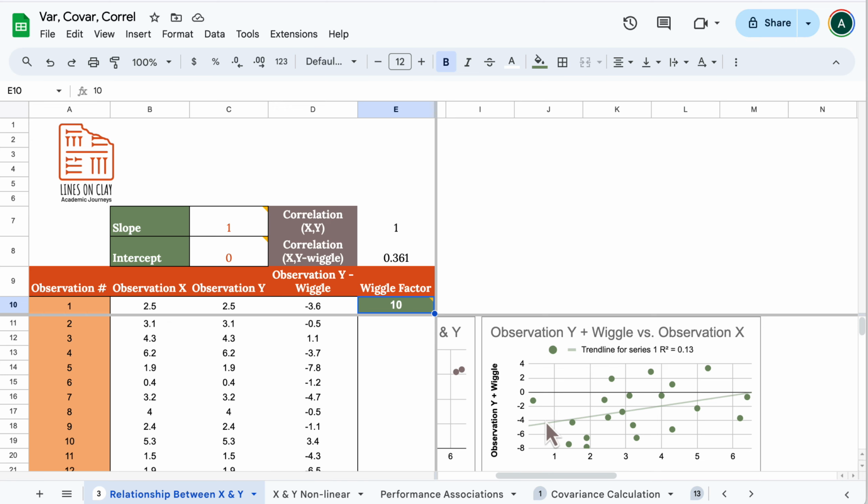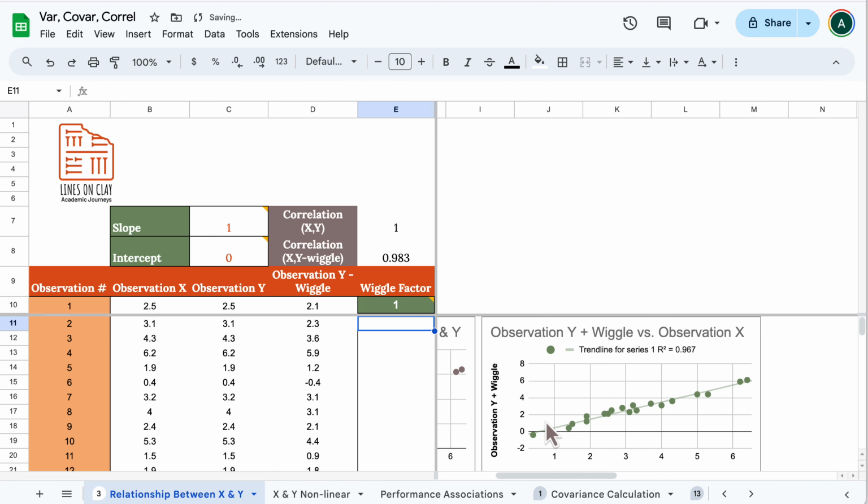So put in a very unscientific way, the closer the wiggle factor is to 0, the more linear these are going to be, and the farther the wiggle factor is from 0, with these random little side explanations for what's going on with Y, the less high the correlation is going to be.